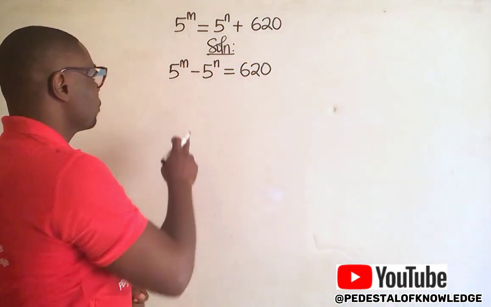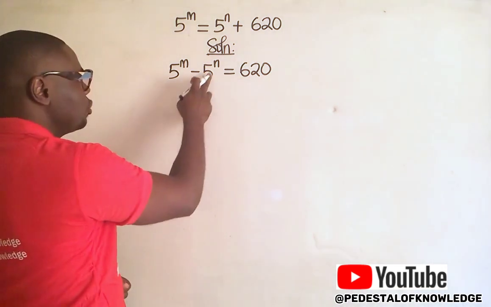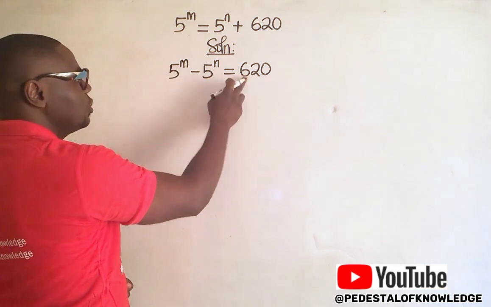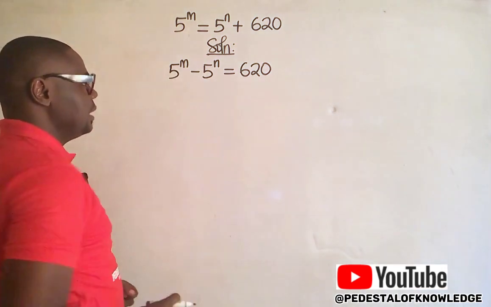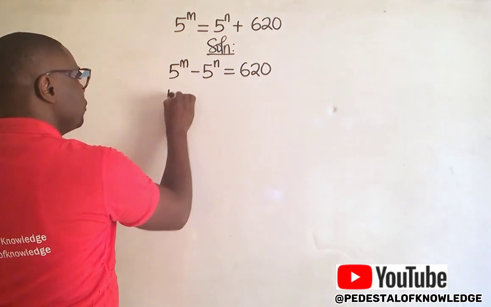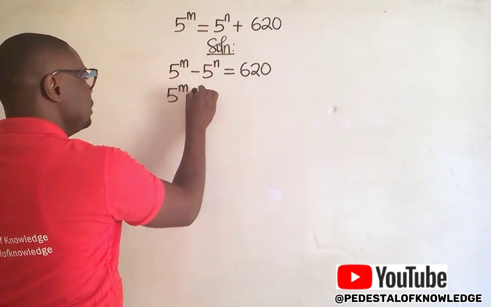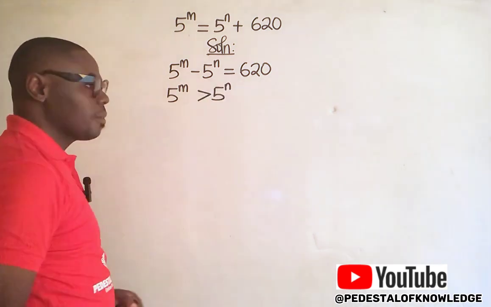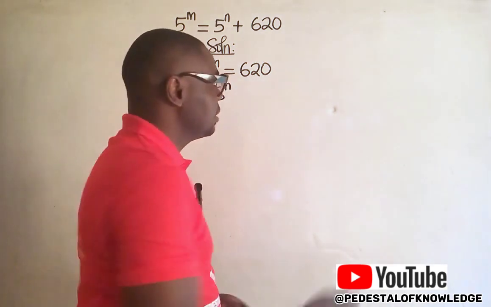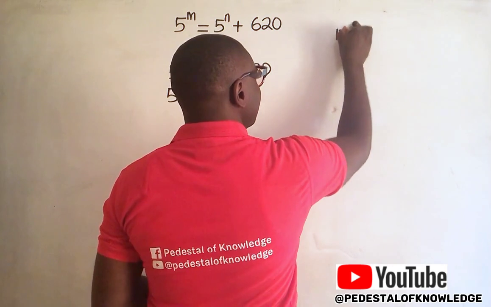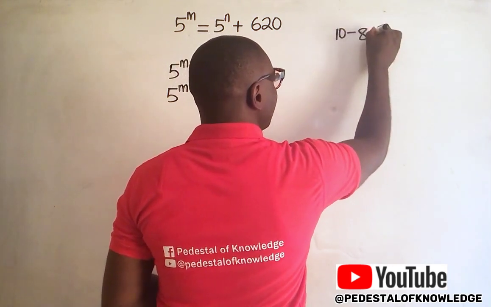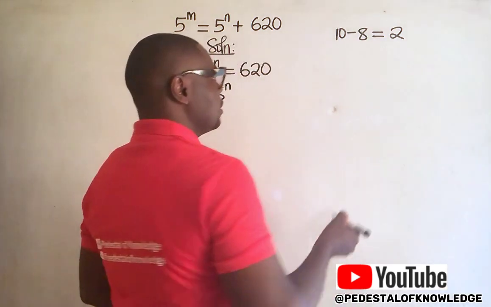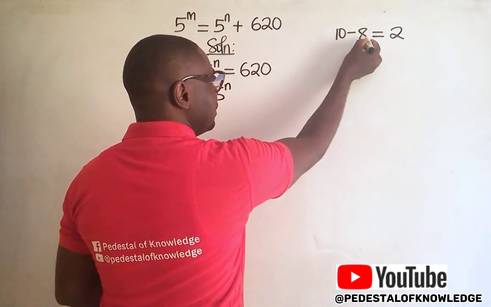Now, for the very fact that 5 raised to power n is subtracted from 5 raised to power m and the result is a positive value, it then means that 5 raised to power m is greater than 5 raised to power n. This is simply because 10 minus 8 will give us a positive value of 2 because 10 is greater than 8.